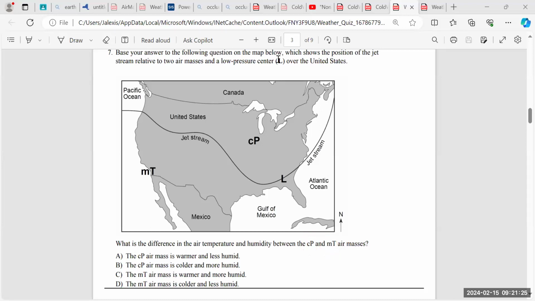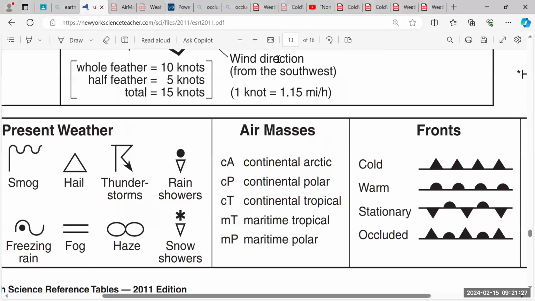So we do just have to remember, right? If you ever forget what the names are, right? CP and MT, they're located on page 13 of the reference tables. All right, so CP represents continental polar, MT represents maritime tropical, right?